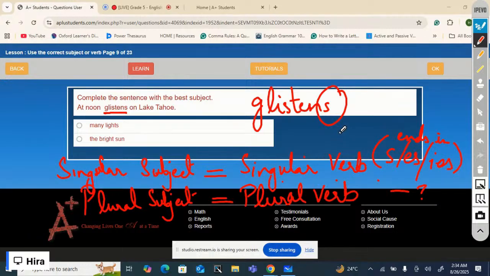Singular verb. So glistens is a singular verb. Now, if the verb is singular, which subject will be used according to subject verb agreement? Singular subject. Now, in the options, many lights and the bright sun, which subject is singular?